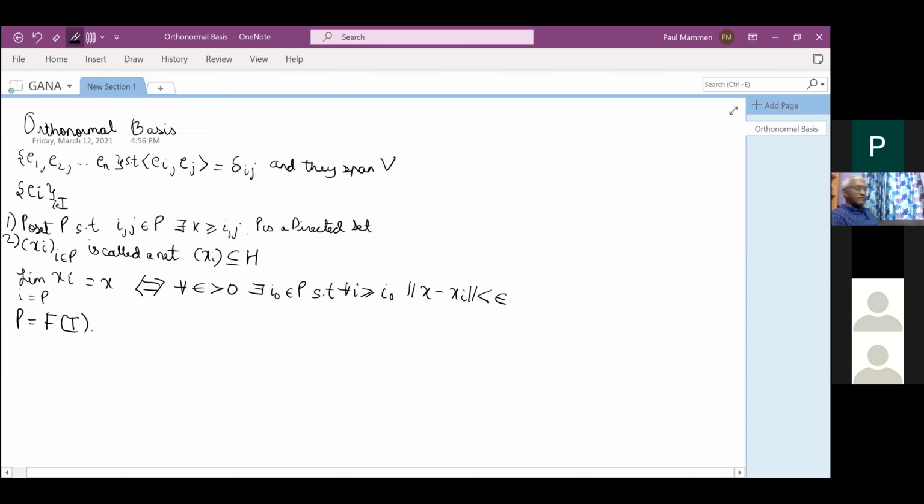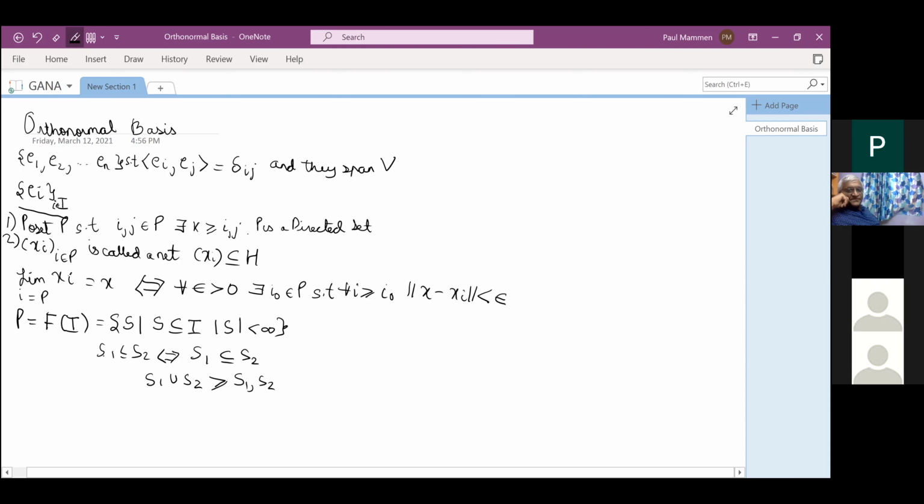If I have this set e_i, i belongs to I, Fi is the set of all finite subsets of I. And we know that this will again be a poset: S_1 is less than or equal to S_2 if and only if S_1 is contained in S_2. Now S_1 union S_2 is still going to be finite, and that is greater than or equal to S_1 and S_2. So this is a directed set, right?